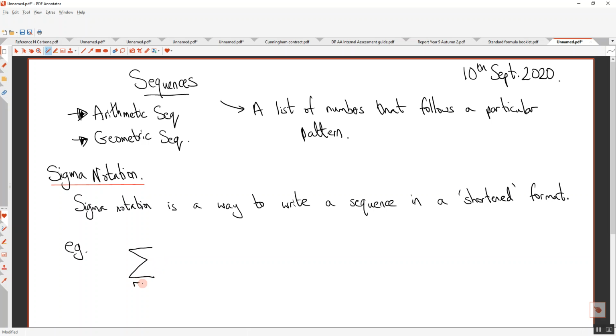And what we say is sigma means the sum of, and we're going to sum from r equals 1, and we're going to take the value of r, we're going to substitute it into our little formula here, and we're going to go all the way up to, let's say, whatever number we want. Let's say 10. So this is a sequence.